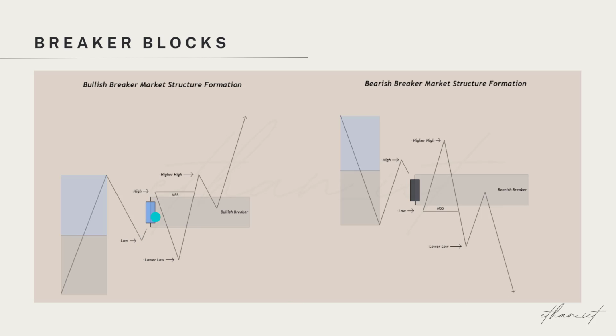So in this case, I have put a bullish candle here that gets displaced through after a liquidity raid. The liquidity raid occurs from this lower low, liquidity raids and displaces above this high. Within this high and this liquidity raid, we look for that highest up close candle that has been displaced through.